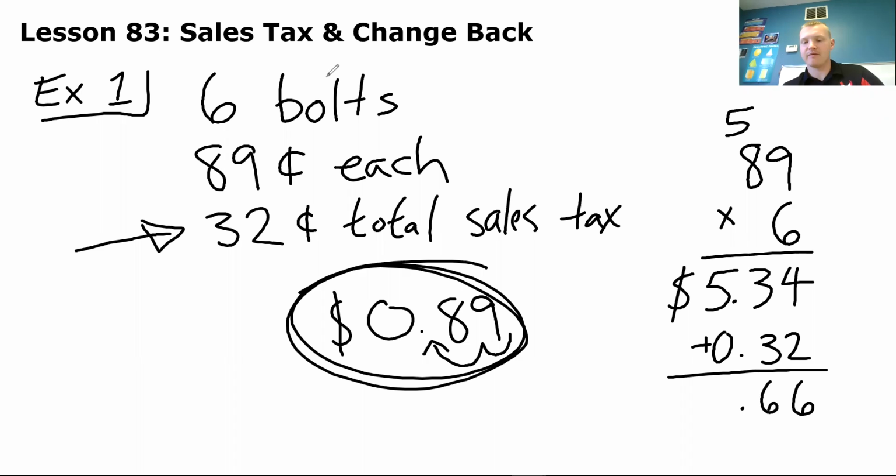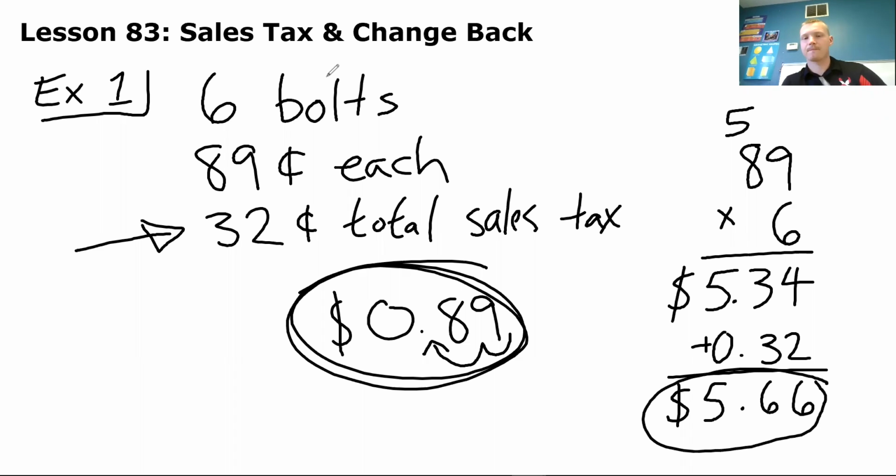And then 5 plus 0, obviously, is going to be 5. So the total price of the 6 bolts, along with the amount of sales tax that you have to pay, so your total that you're going to need to have is $5.66, which is also what they have in the book here. I don't know if you can see that. Yeah, there we go. Okay.